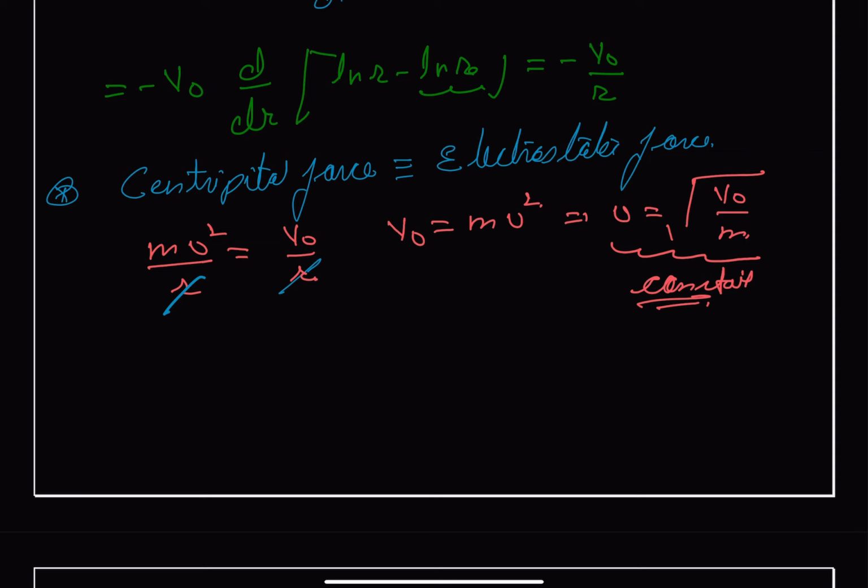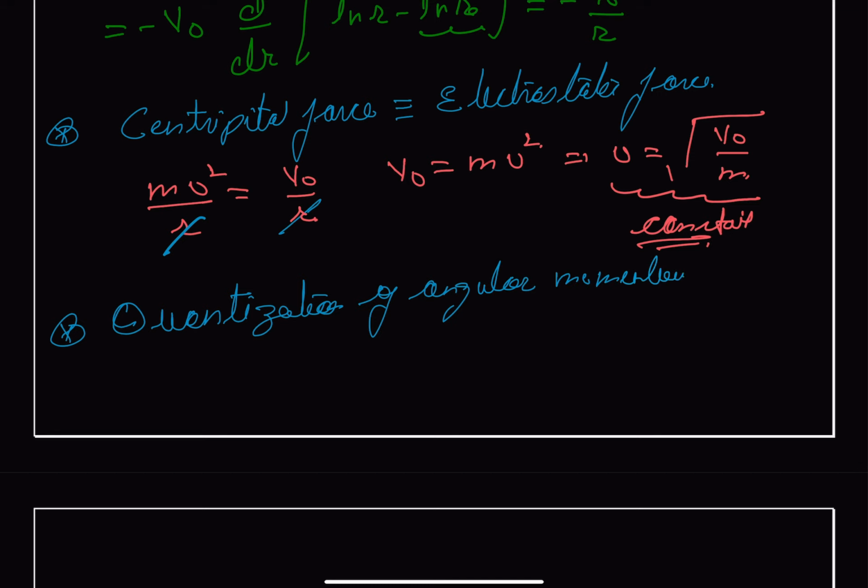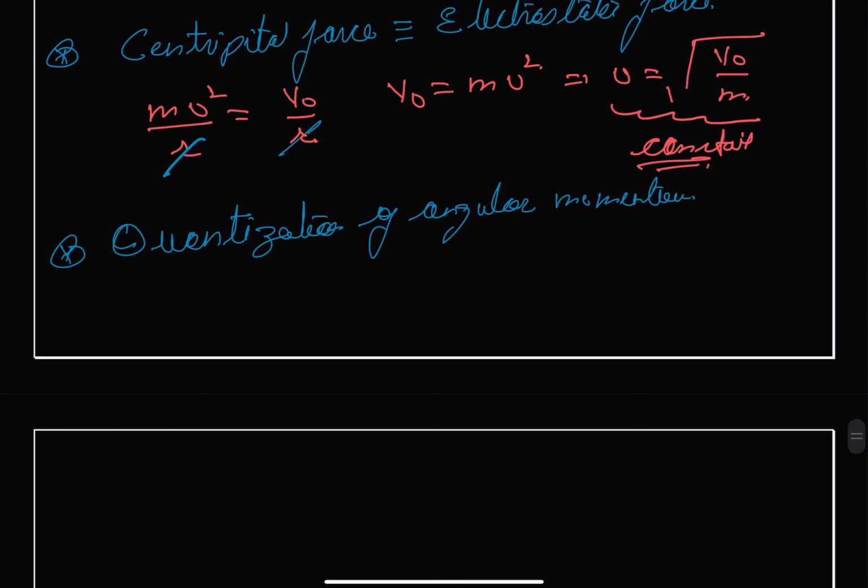So if we use the quantization of angular momentum, that is Bohr quantization, we can write mvr is equal to n times h bar.